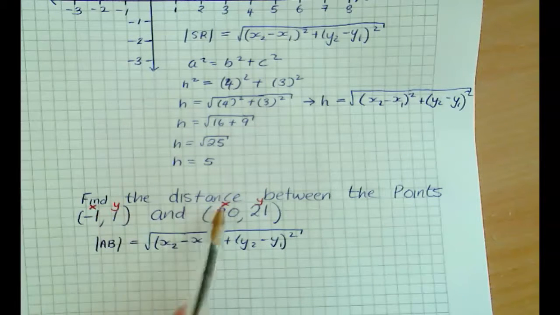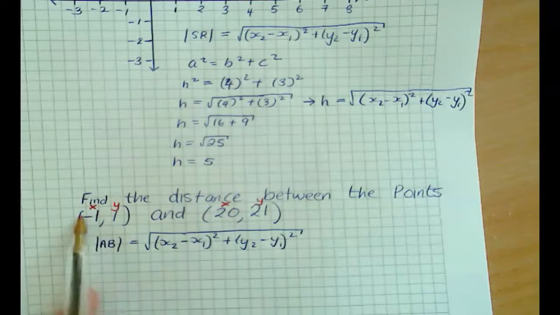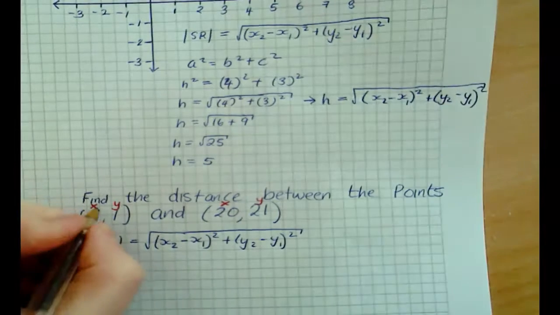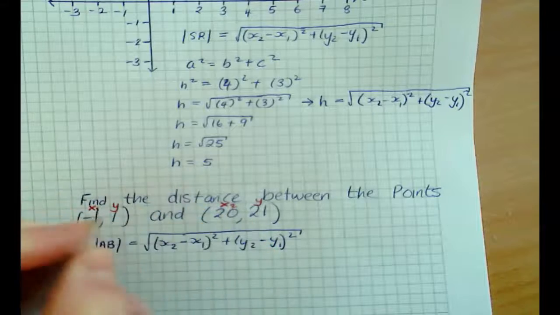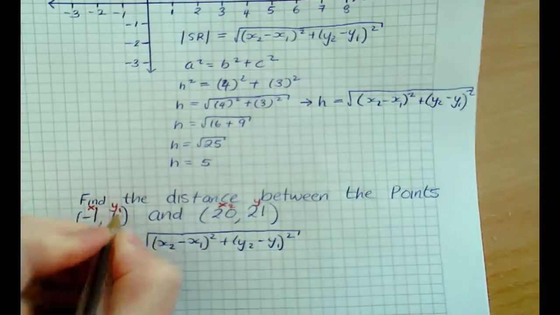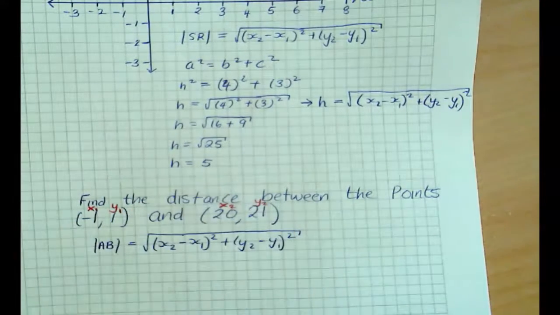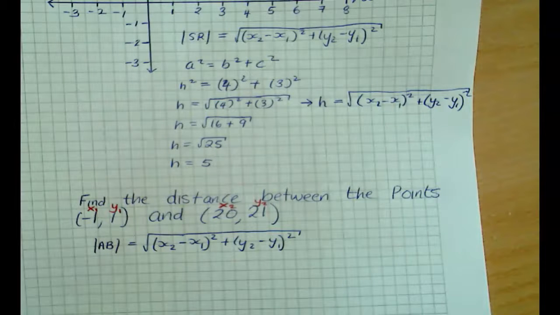Now we have 2 x's, so we need to know the difference between the x's. That's why we call one x1 and the other x2, and y1, y2. You need to know the difference between the y's and the x's. That's why it's called x1, y1, x2, y2.